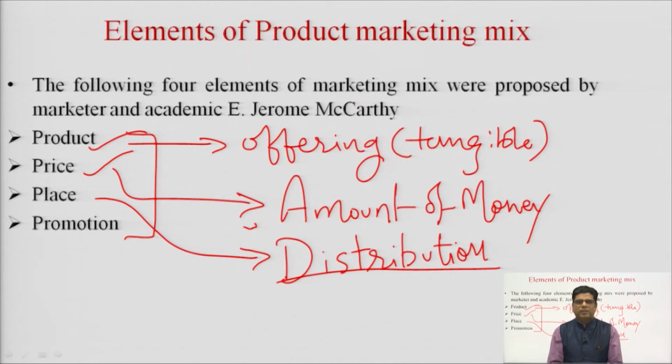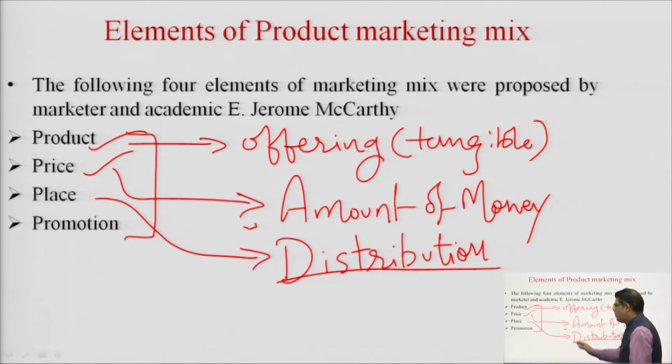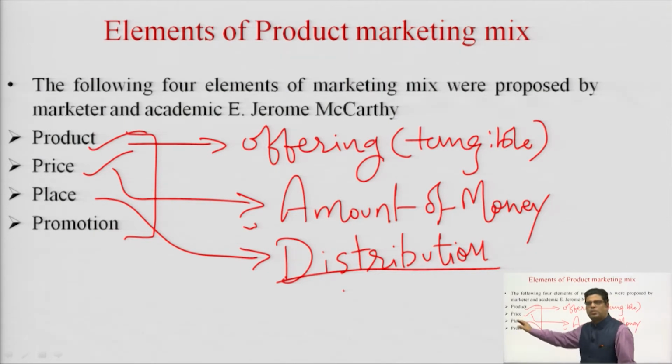So therefore, place is actually relating to the manner in which the consumer obtains the product, and therefore, I have related it with distribution. So how a product finally reaches the consumer is distribution, and the location or the place at which the consumer gets the product is the place. So it can be an online or an offline store.